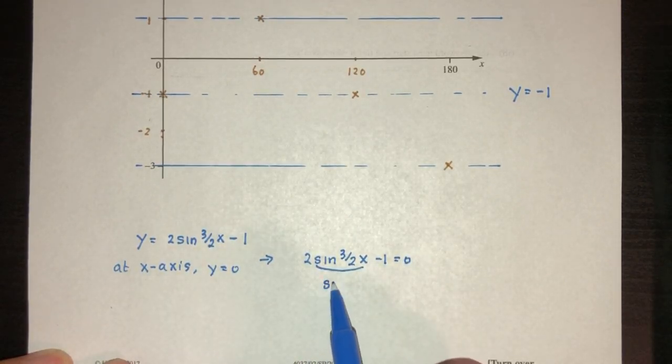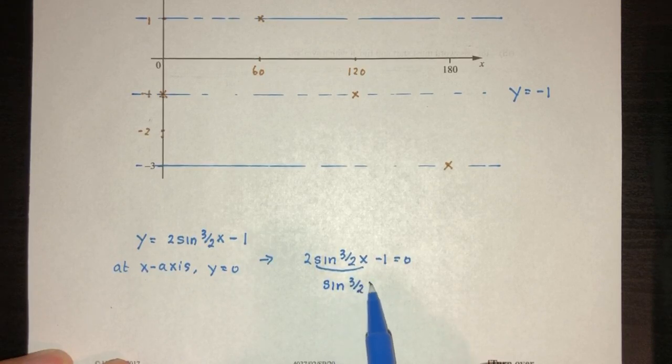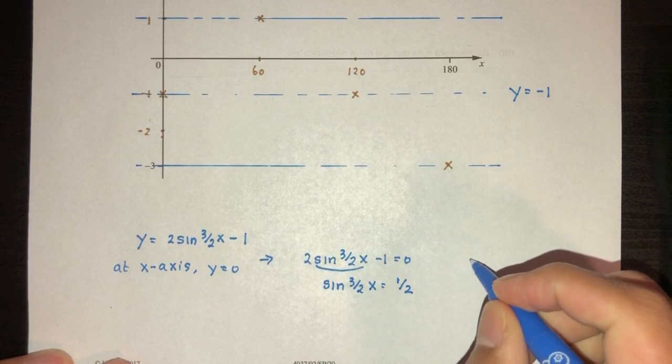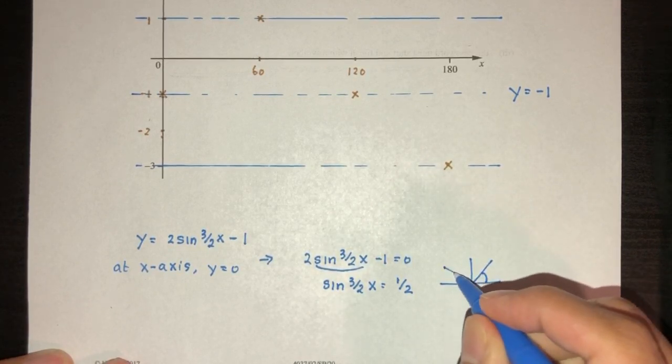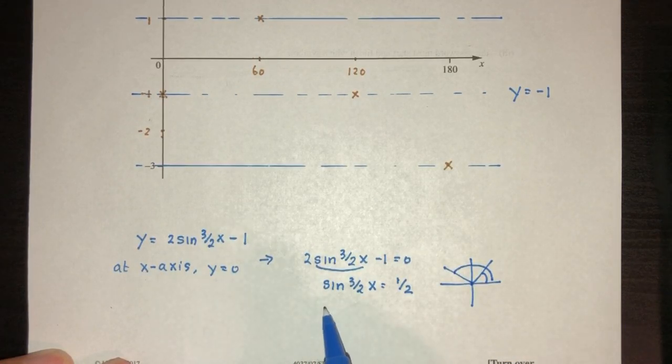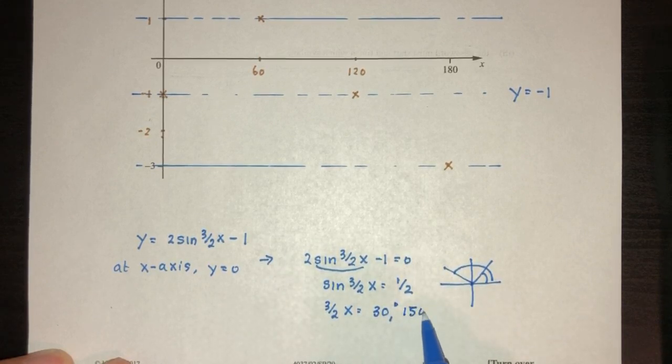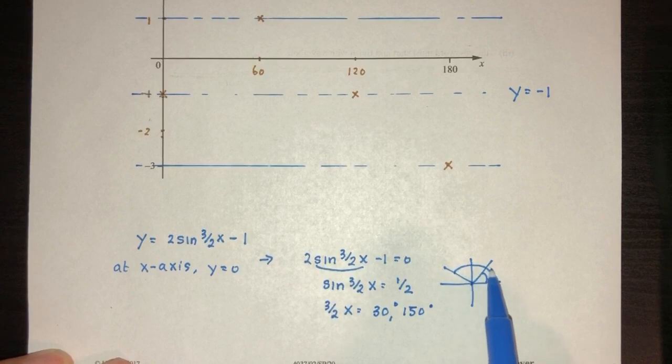So you will have sine 3 over 2x is equal to 1 over 2. Since sine is positive, it has two values, one in the first quadrant and one in the second quadrant. So 3 over 2x is equal to 30 degrees and also 150, right? Because in this quadrant it will be 180 minus this one, 150.